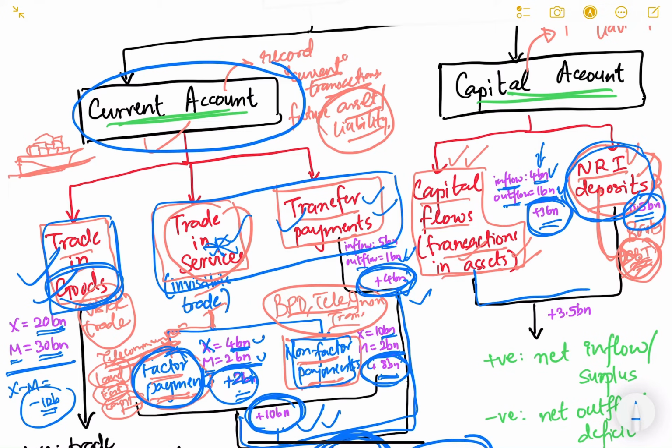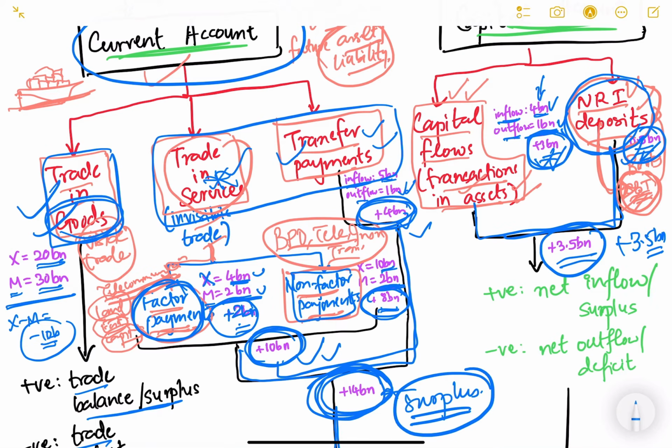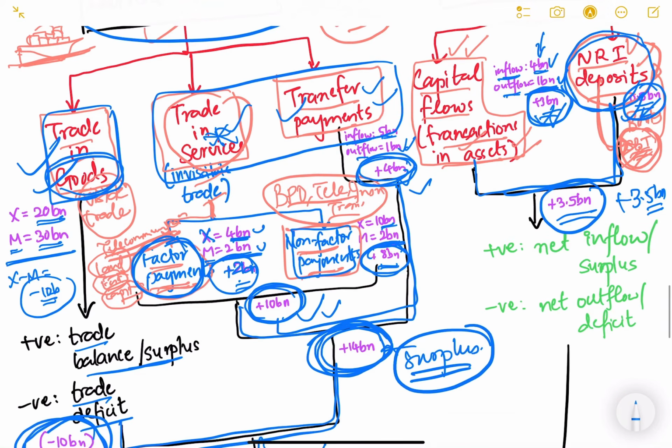So combined, the total surplus is plus 3.5 billion, this 3 billion inflow and this 0.5 billion inflow. So this is known as capital account surplus. If it is positive, it is called surplus. If it is negative, it is called deficit.